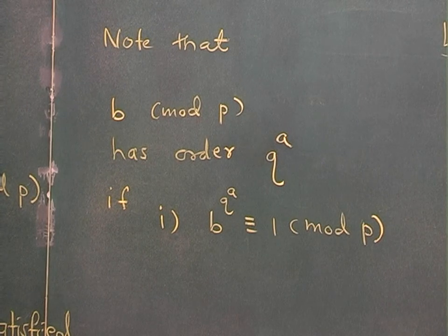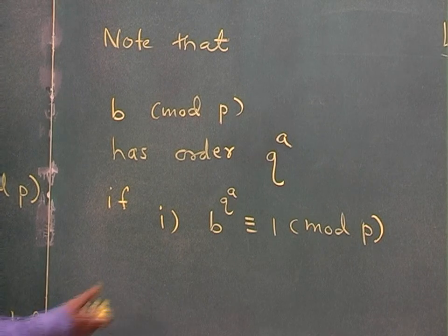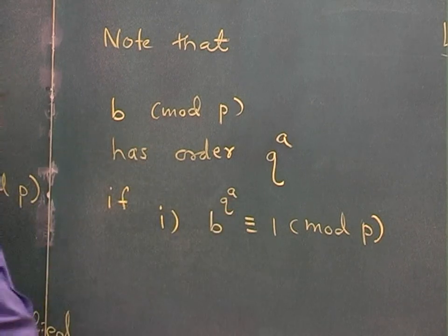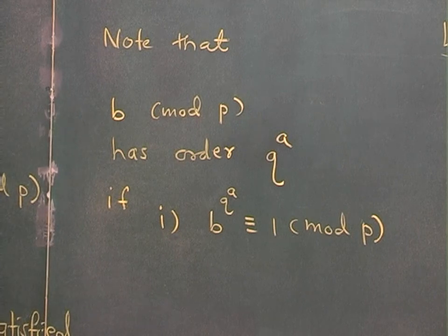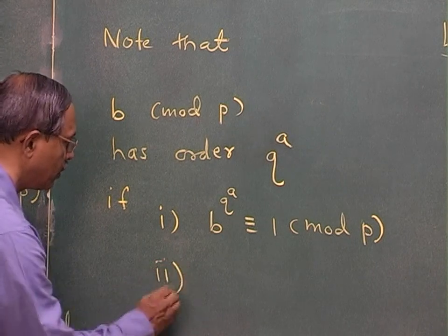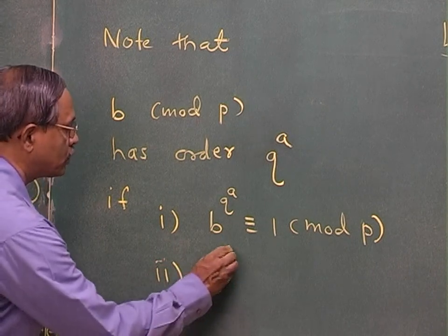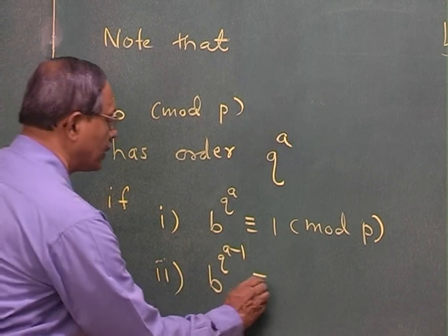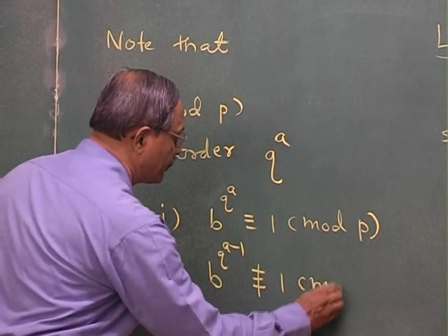If any of these 1, q, q square, etc. is an order, then it would mean that b raised to q raised to a minus 1 will be congruent to 1 mod p. And that should not happen. That is the second condition. B raised to q raised to a minus 1, that is not congruent to 1 mod p.